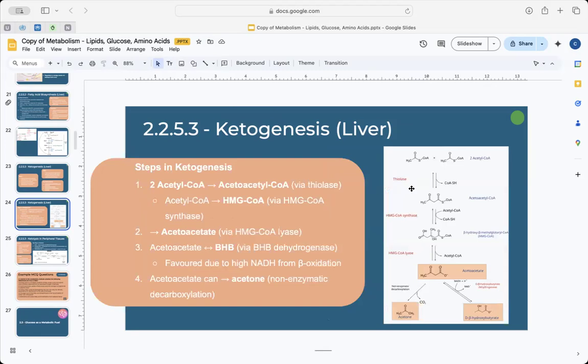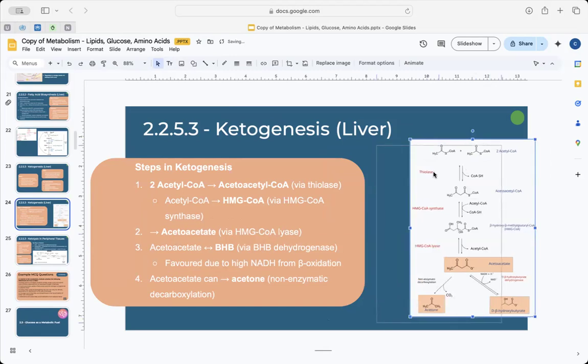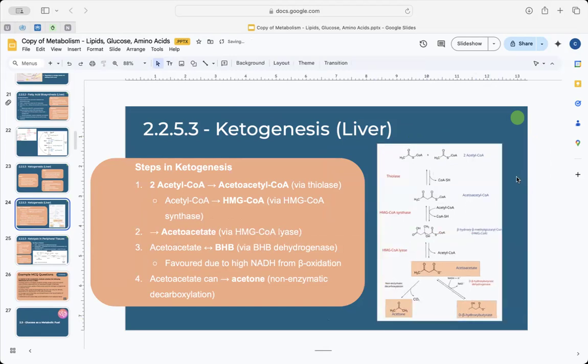In terms of steps and what that looks like, our steps in ketogenesis, we've got 2 acetyl-CoA combining. You can see that on the diagram.